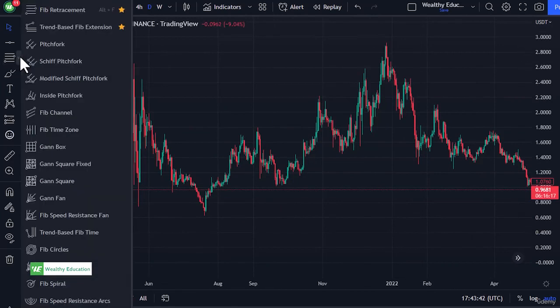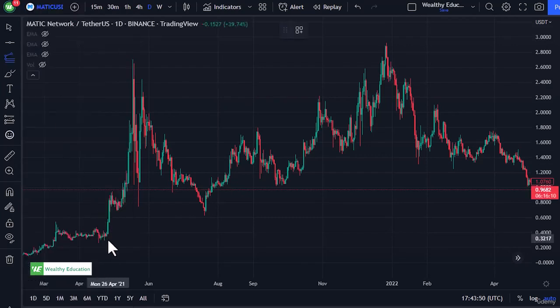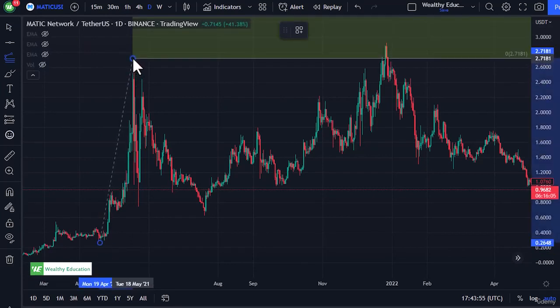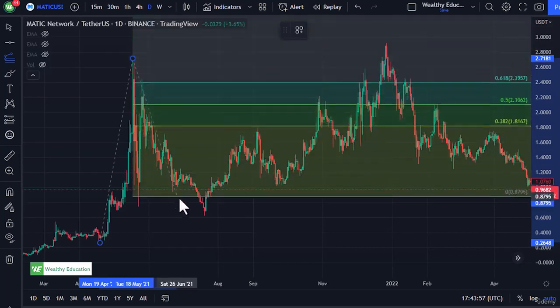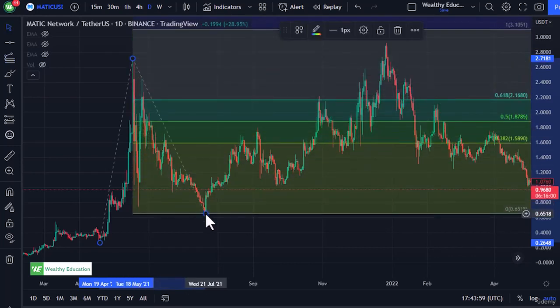There's also, click on this, Fibonacci, trend-based Fibonacci extension, which is a Fibonacci extension. So you click from, in this case, swing low to swing high. And you can see that you can be aiming for, it's almost like you can think of it as a retracement and reversal.